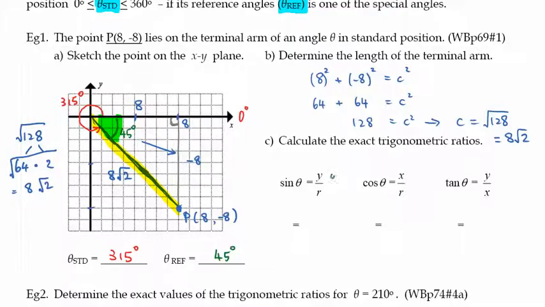This angle will have an opposite side of -8 divided by its hypotenuse, which is the length of the terminal arm. -8 for the opposite, and 8√2 for the hypotenuse, and that will simplify to -1/√2, with the 8 reduced at the end.